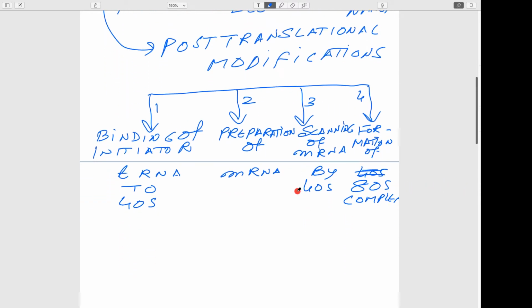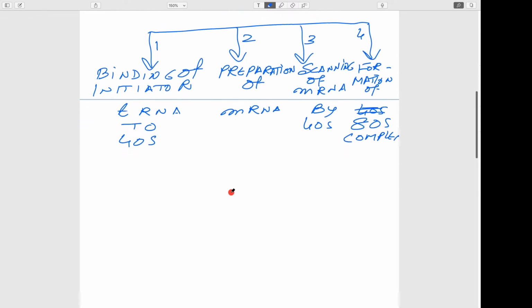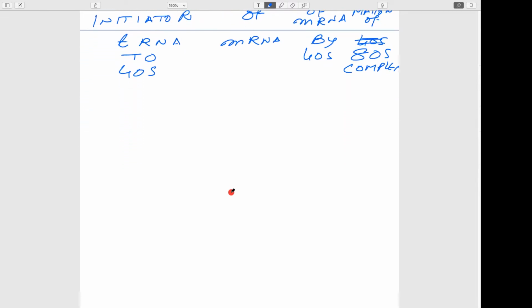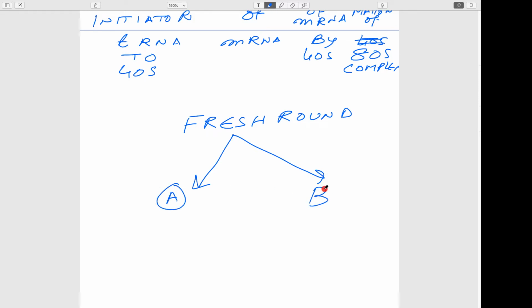What happens when you start the initiation? Let us presume we are starting the second round of translation. That is what we call a fresh round of initiation. So what are the things which take place?